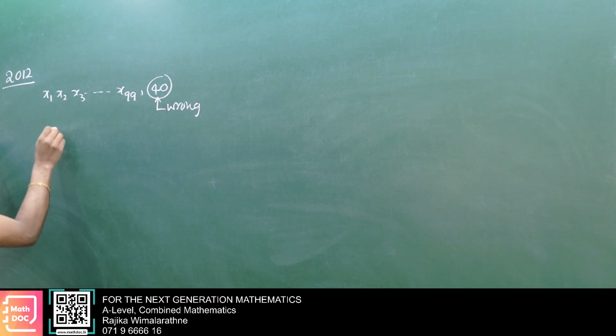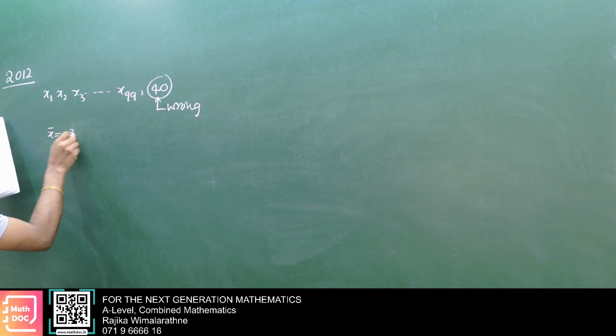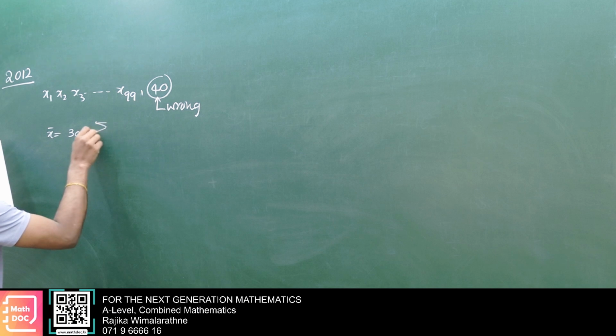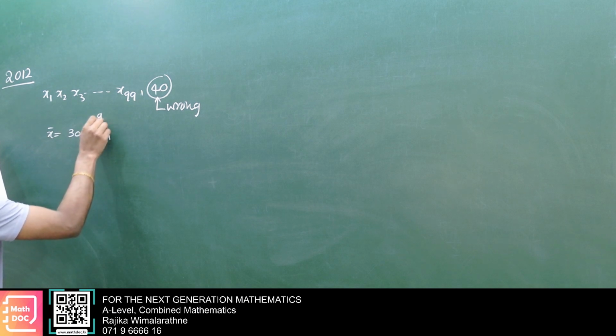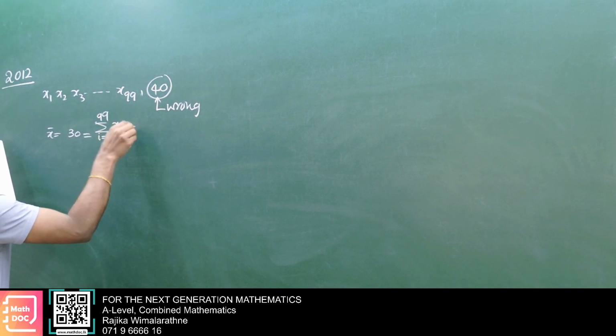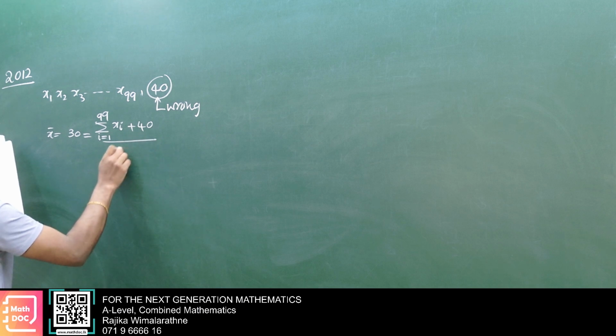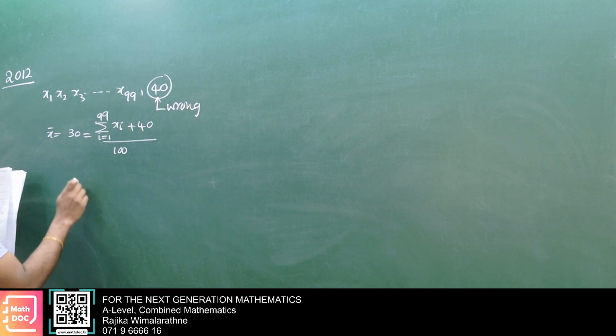Then x bar equals 30, sigma i equals 1 to 99 of xi plus 40, divided by 100. With 40 it is calculated.